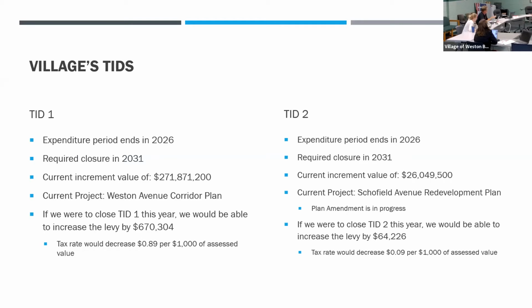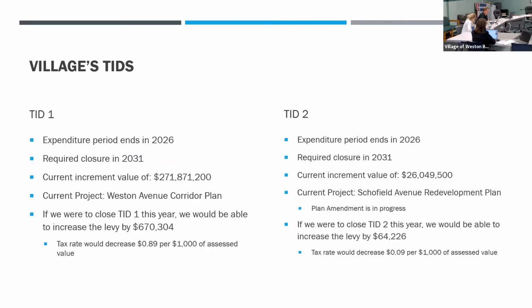Just for the committee's information, the focus, as we have discussed with the village board, is that our number one priority project in TID one is reconstruction of the Weston Avenue corridor. We have an opportunity with the financial position of TID one to be able to reconstruct Weston Avenue, install utilities and so forth, under the premise that it would not happen but for the existence of the TID.